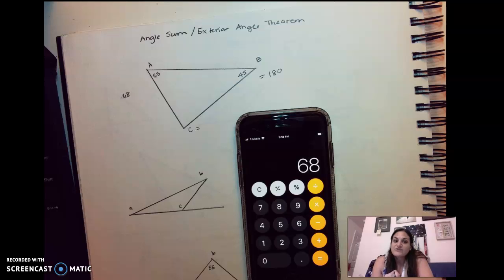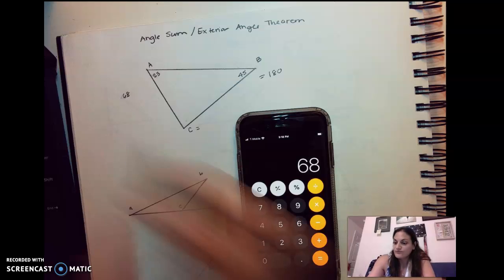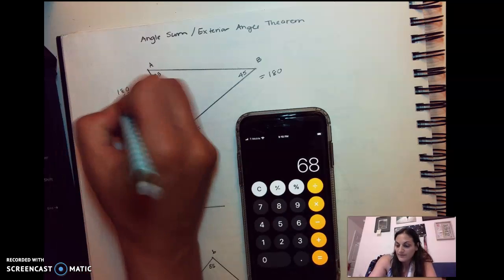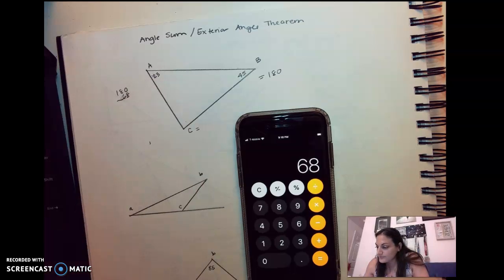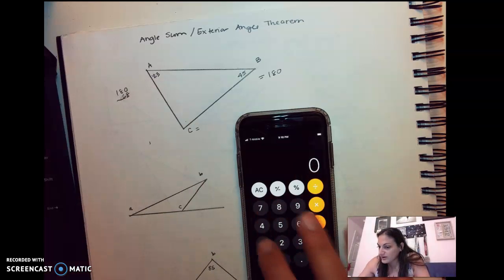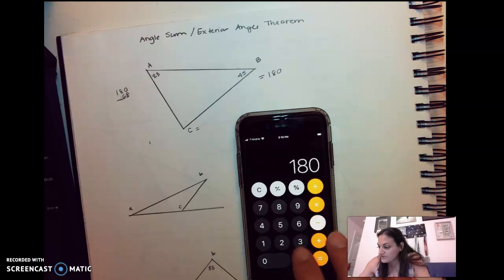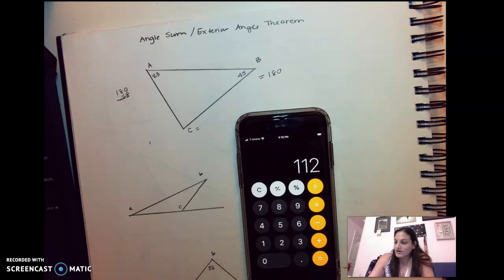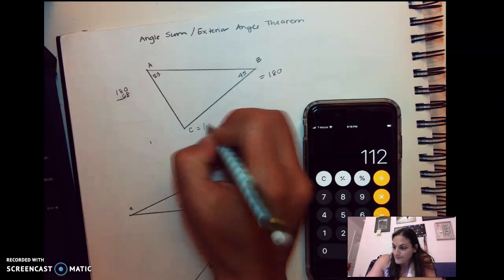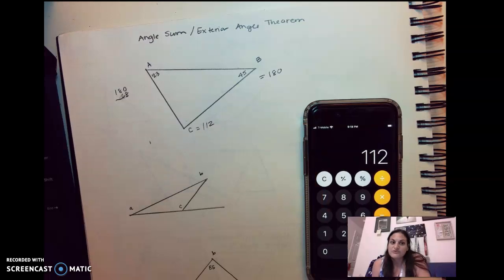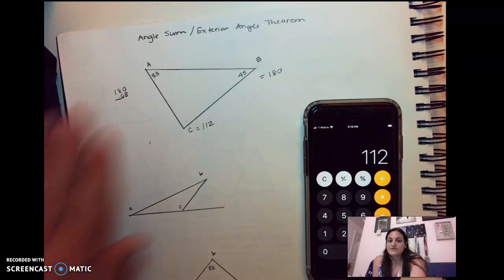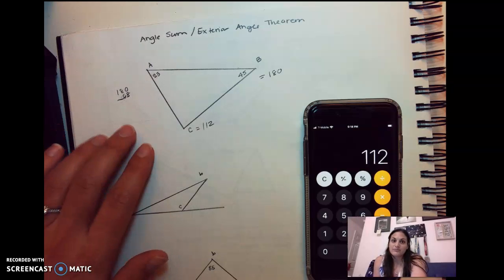I have to subtract the 68 from the 180. So I clear out my calculator. I hit 180 minus 68, and I get 112. So this is actually an obtuse angle. All right, so that was a review on the angle sum theorem.